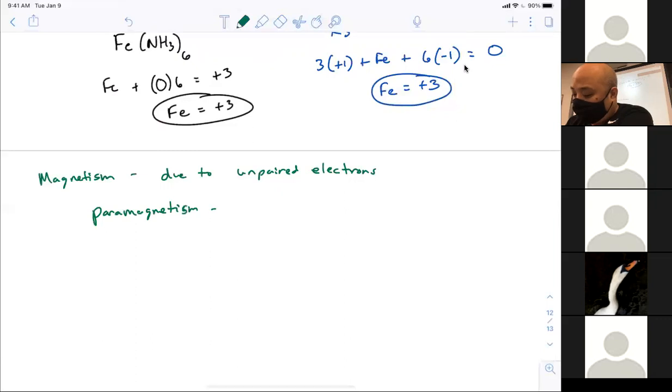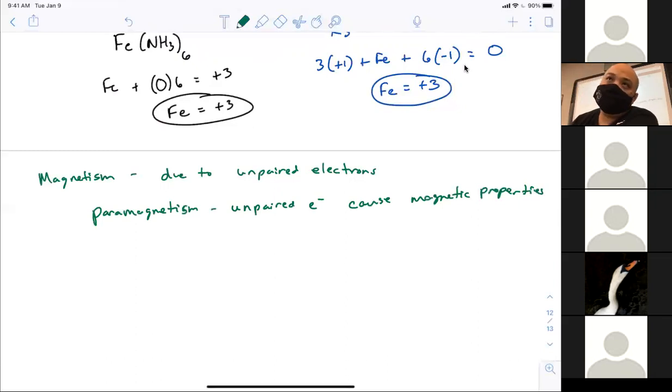Anything with unpaired electrons causes magnetic properties. So any transition element has unpaired electrons, therefore they will be magnetic. Also, another reason why zinc is not a transition element is that it doesn't have magnetic properties, because it's completely full, so there's no field.